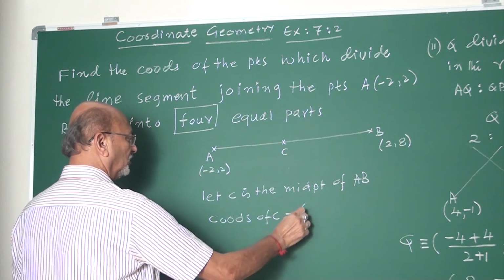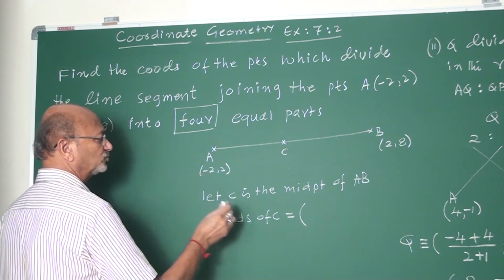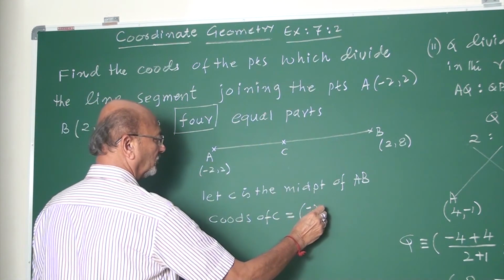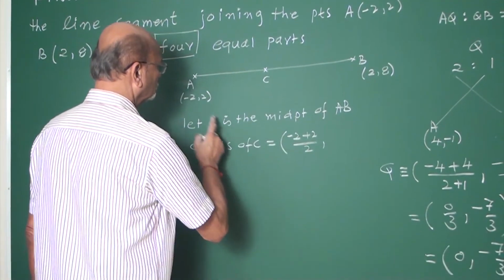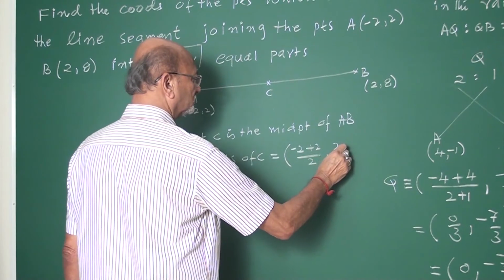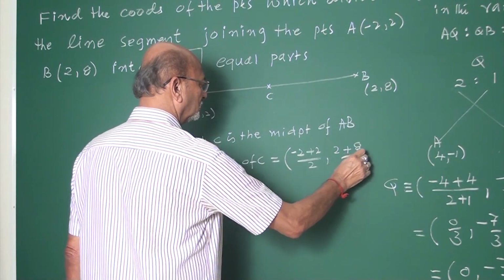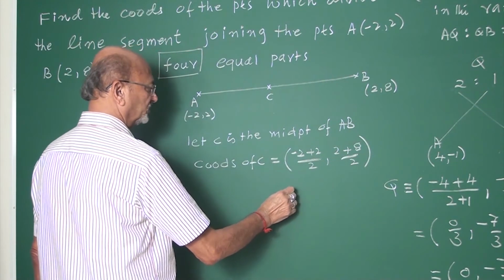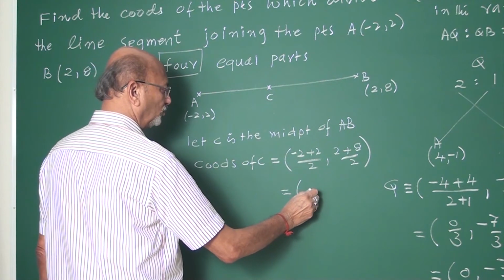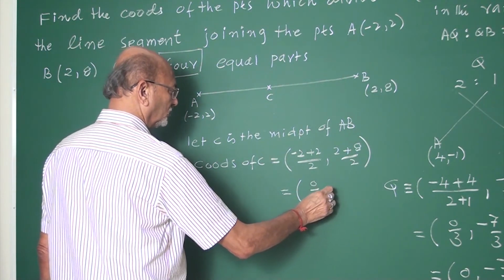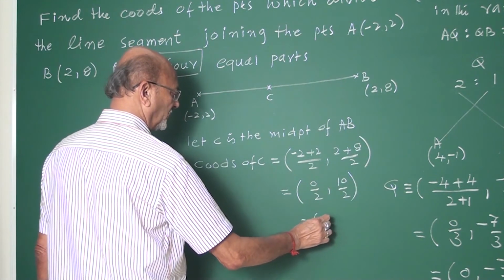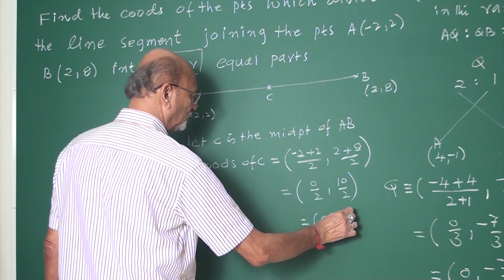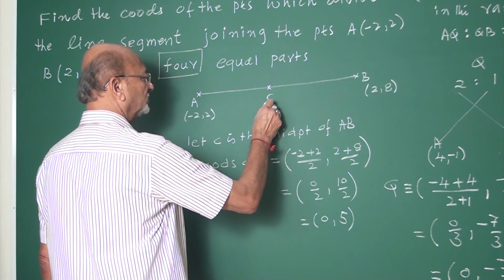Midpoint: add the x coordinates, minus 2 plus 2, down is 2. Add the y coordinates, 2 plus 8, down is 2. That is 0 by 2 and 10 by 2. If you simplify, C is 0 comma 5.